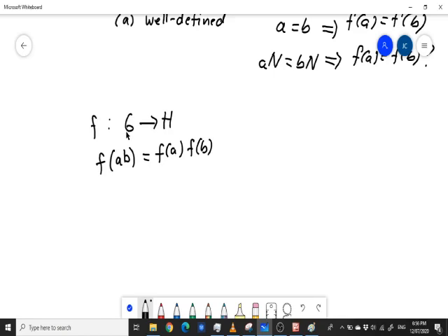So for example, say the operation in G is dot, and the operation in H is star.